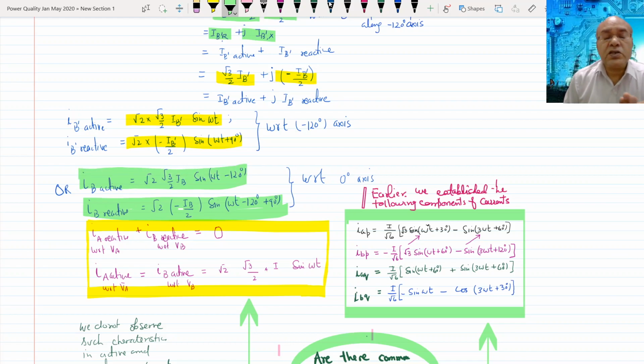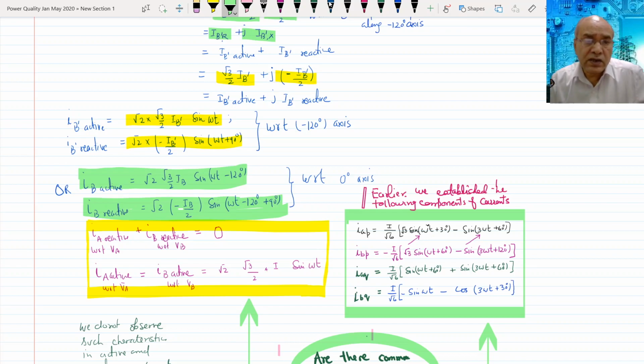It must be clear how to express them with respect to phase B and this with respect to phase A. But when we want to observe its active and reactive components, they are in respect of the active and reactive powers, and active and reactive powers are formed with the relative angle between the voltage and current, and therefore we need to observe these current components of phase B with respect to phase B only.